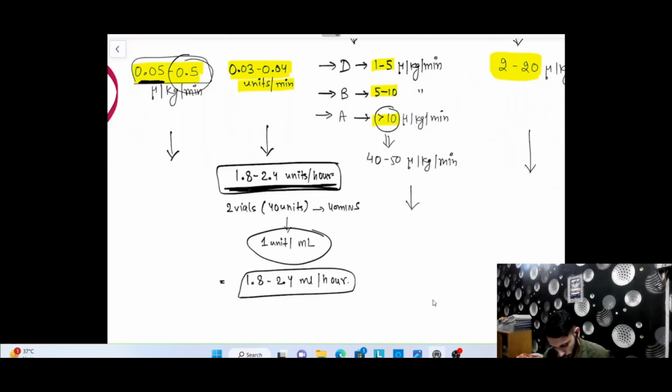This is the rate that we should start on the infusion pump. So there is no point in increasing vasopressin, which is 1 unit per ml, to 6 or 8 or 10 or 12, because the maximum you can go is 2.4 ml per hour. This was with vasopressin.